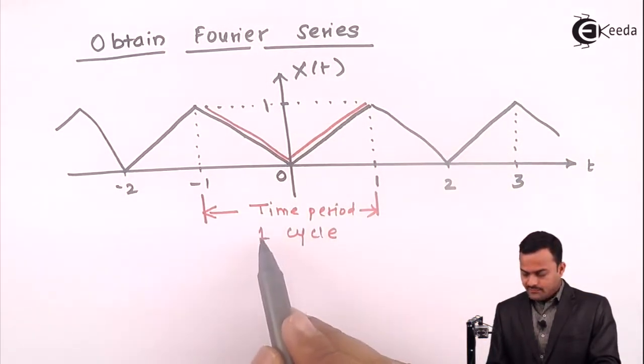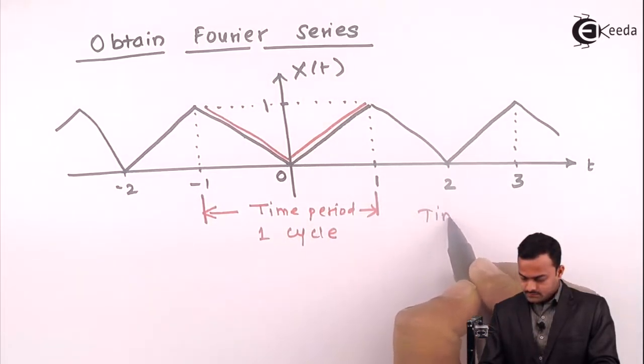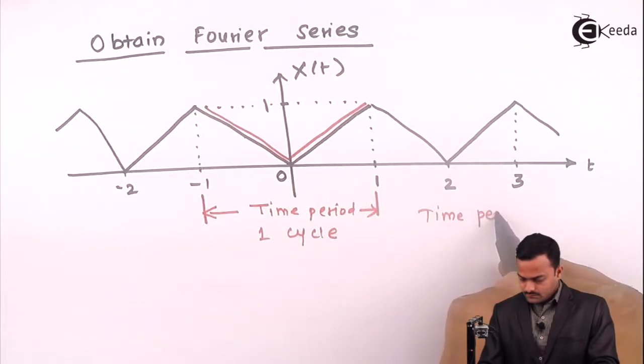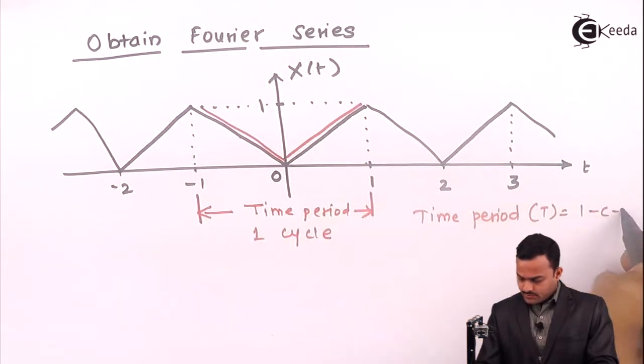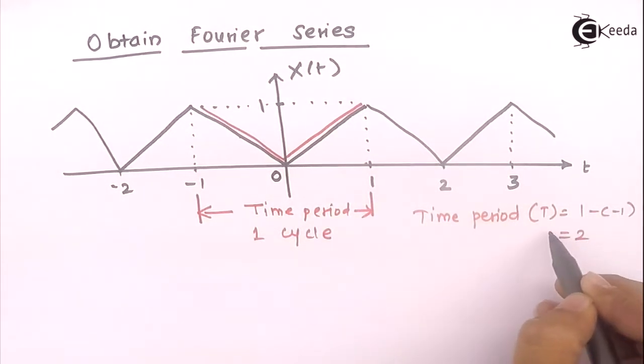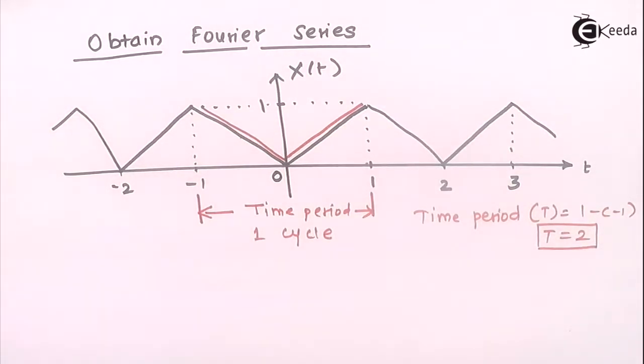So the time period I have decided from here to here, which is nothing but 1 minus -1, which is equal to 2. So the fundamental time period T is nothing but 2.